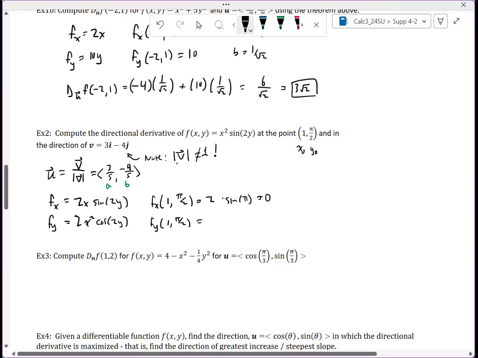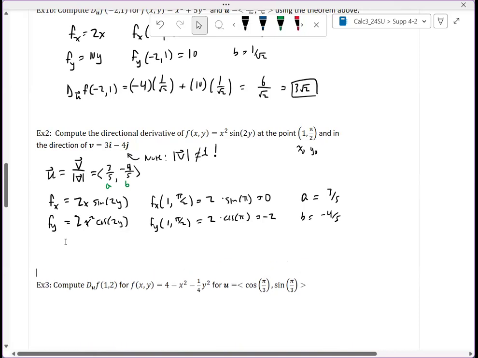And the y partial gives me 2 times 1 squared, or just 2, times cosine of 2 times pi over 2, and that is just minus 2, cos of pi being minus 1. And again, a and b are 3/5 and minus 4/5 respectively. And I think we have all the pieces we need now to compute our directional derivative.